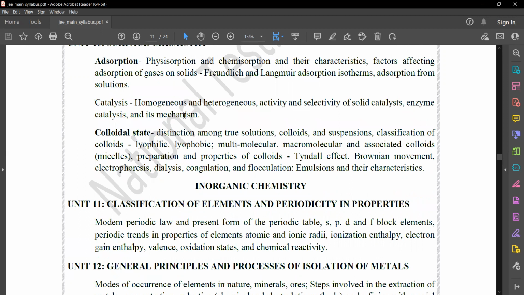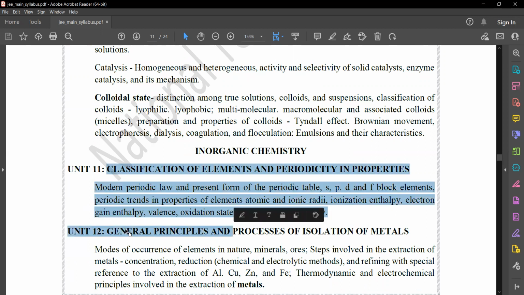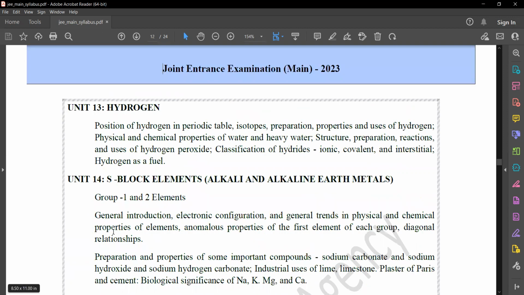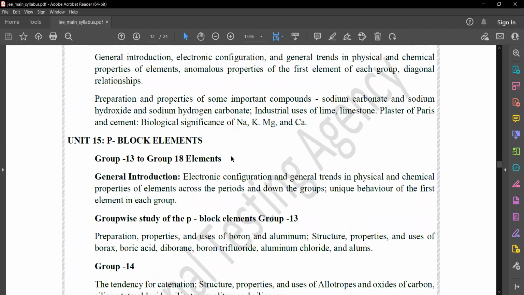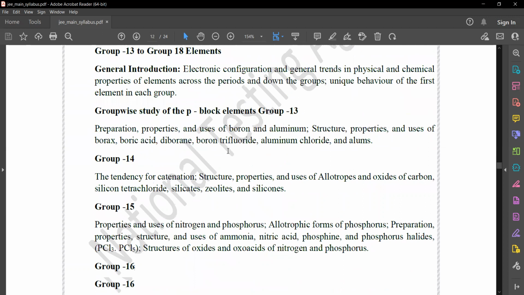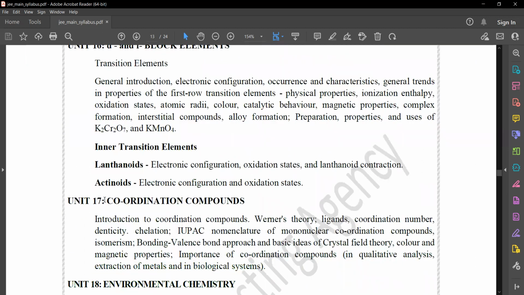Inorganic chemistry: classification of elements and periodicity in properties, general principles and processes of isolation of metals, hydrogen, s block elements, alkali and alkaline earth metals, p block elements, d and f block elements, coordination compounds, environmental chemistry.